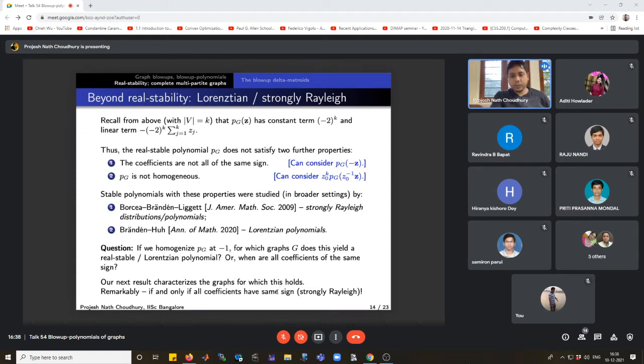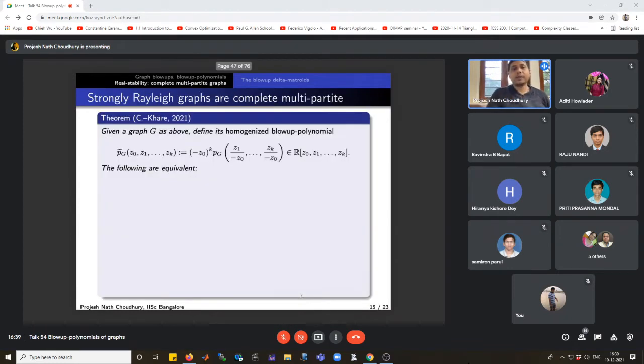So to answer both of these questions, we have the same family, from the same very familiar family of graphs. And the question is, which are these graphs? The answer is exactly in the title: complete multipartite graphs.